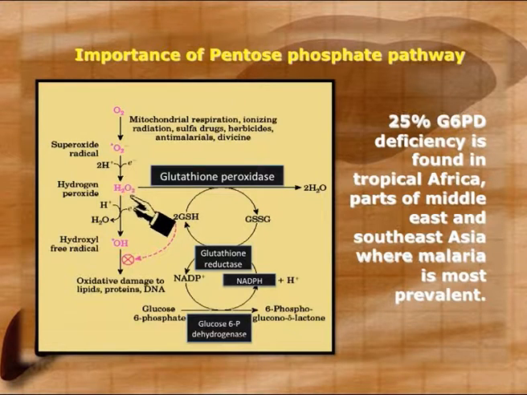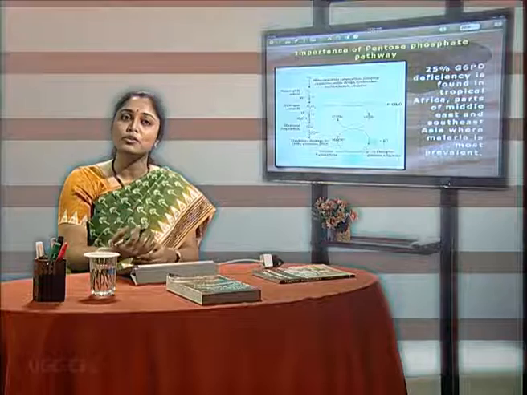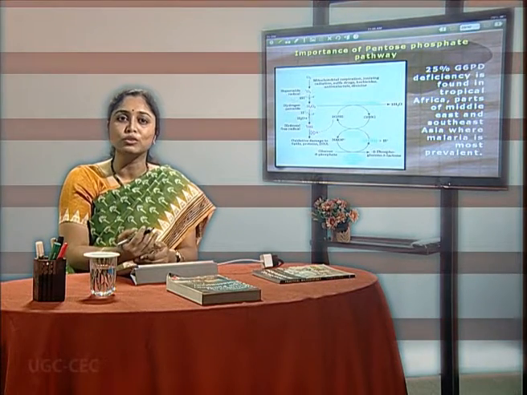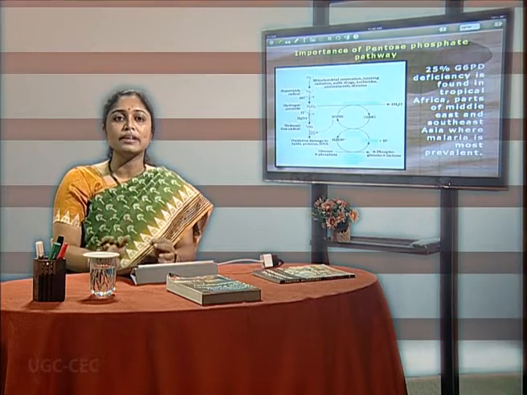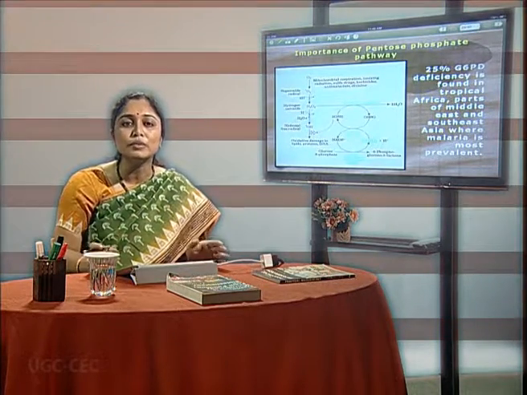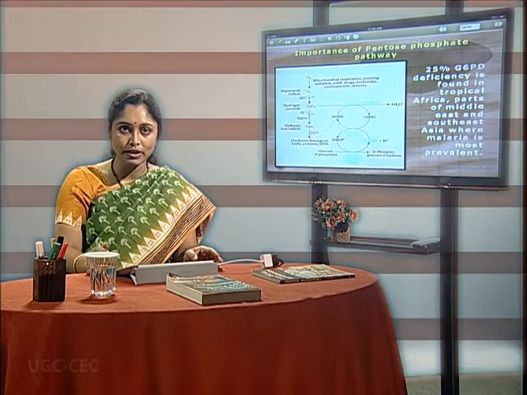All these molecules are called reactive oxygen species and they are very harmful for the biomolecules since they form adducts with biomolecules. Now in our system we have antioxidative enzymes like superoxide dismutase, catalase, glutathione peroxidase, and these enzymes help in the dismutation or removal of the reactive oxygen species.